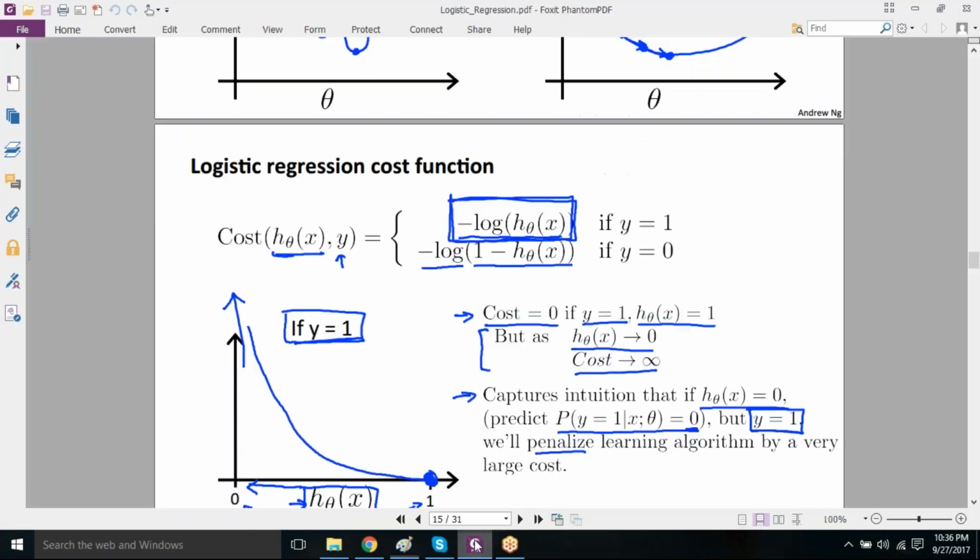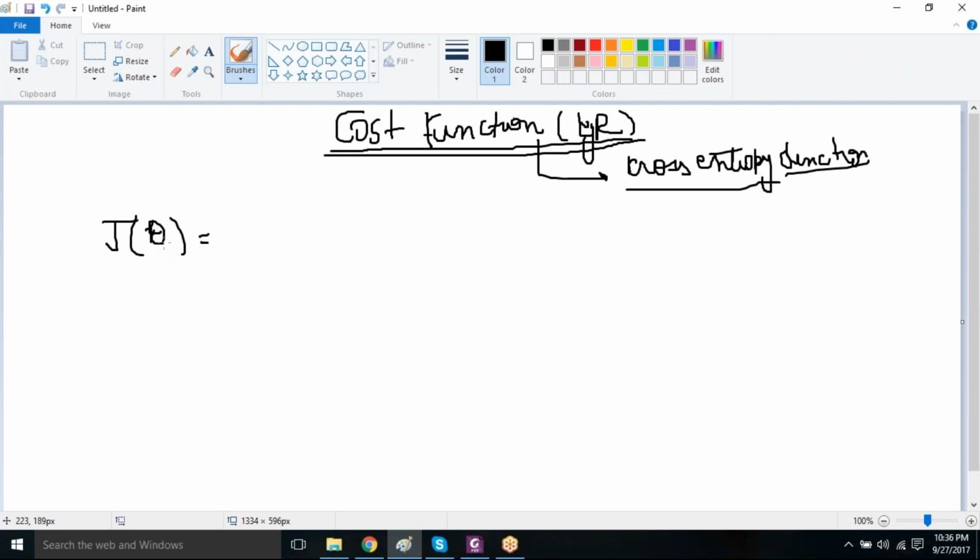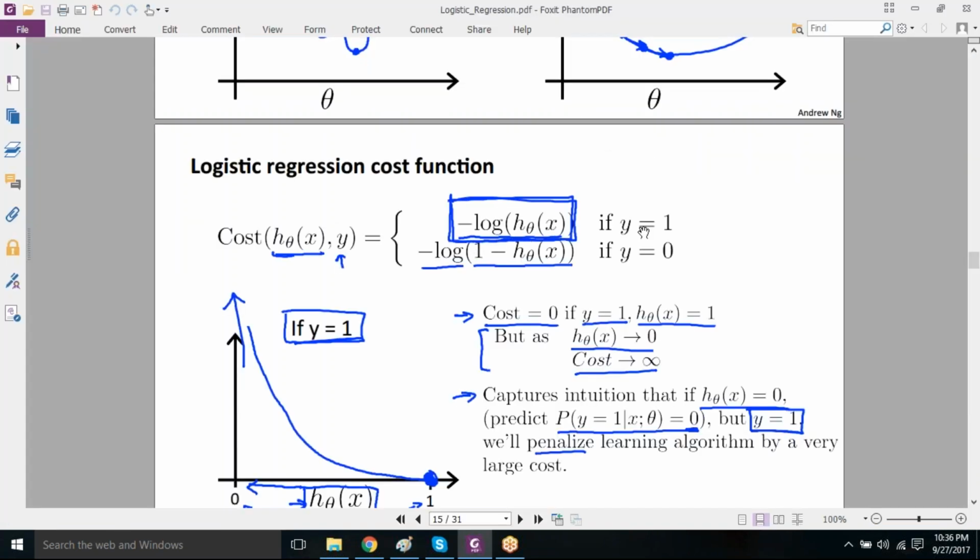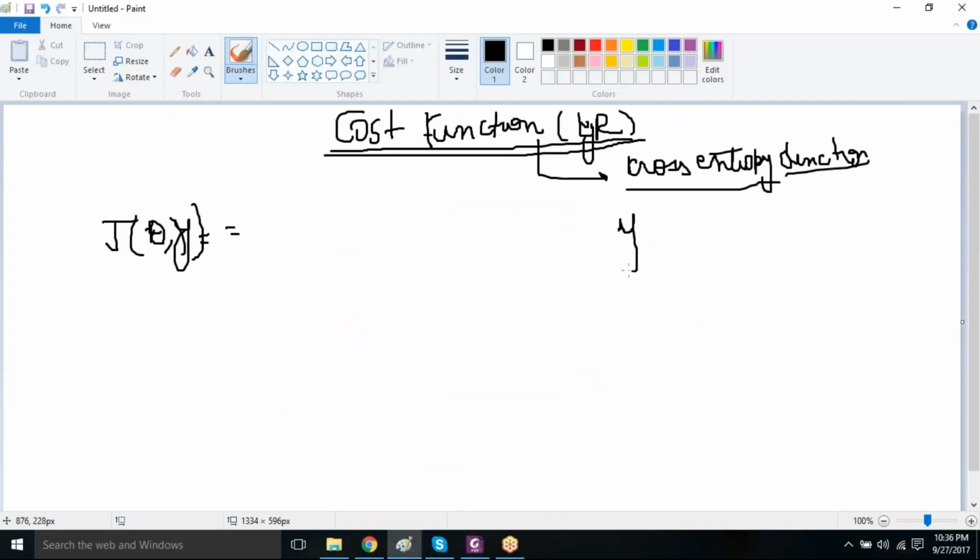This function is basically this function. Given theta and whatever y value you have, the cost function will simply be defined for y equal to 1 and y equal to 0. I told you that in supervised learning problems you will also have labels.